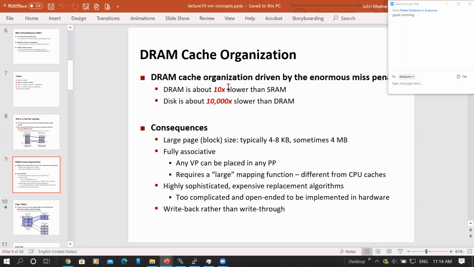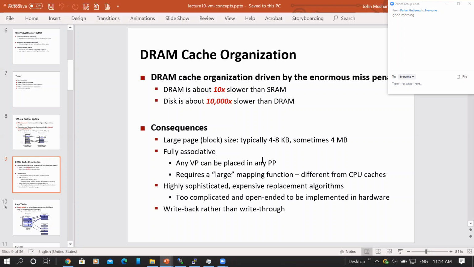So the consequences of that are we're going to move things in a big chunk, in our case 4K, being flipped in and out of memory, onto what we'll later refer to as the page file on the computer, which is kind of a misnomer. We'll discuss that later. So we need a big mapping function that can map from slices out of the virtual address space onto these pages in physical memory.